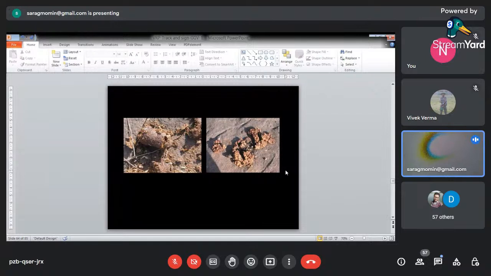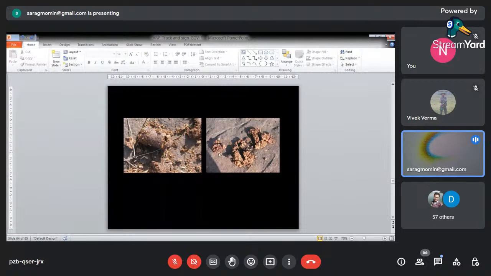Can you identify this scat? Sir, sloth bear and civet. Yes, this belongs to bear species, because if you break down this scat, you will find a huge quantity of food or seeds.